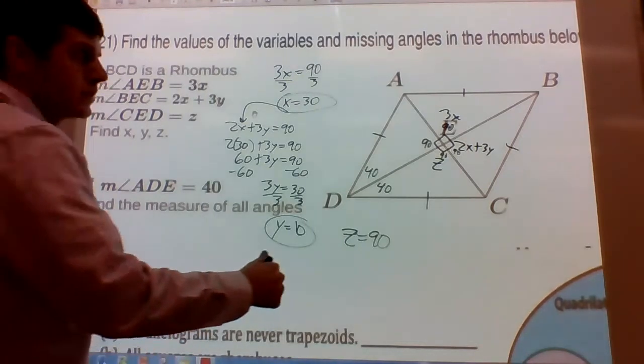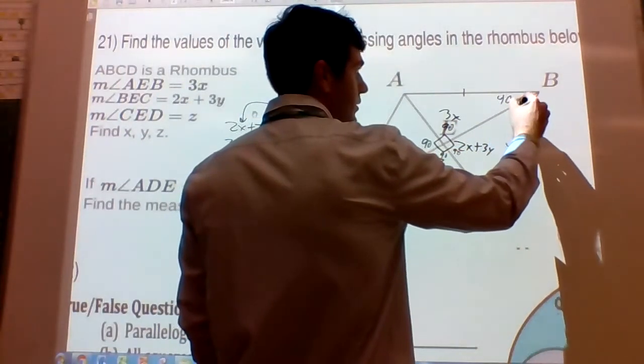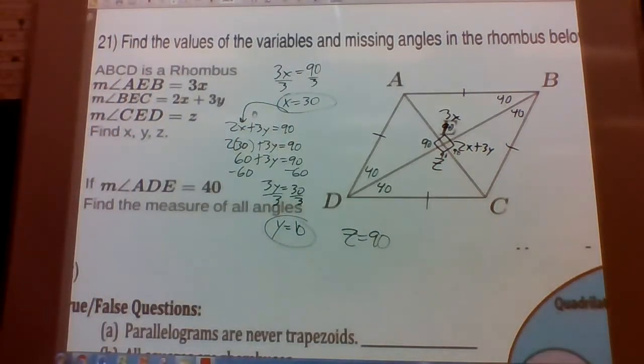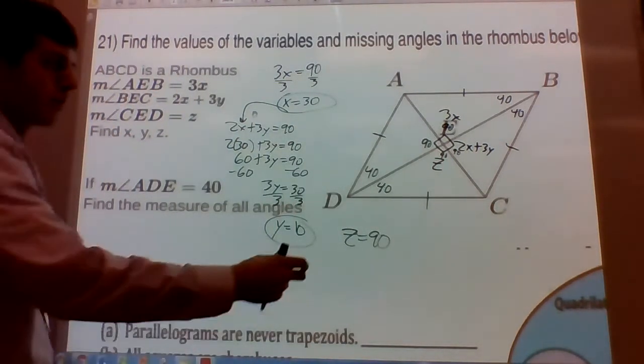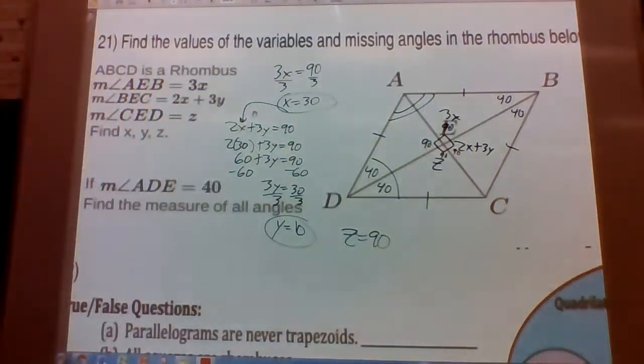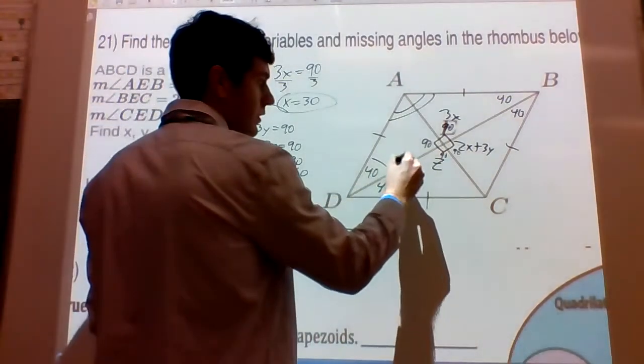And then we have alternate interior angles, so we know we're going to have 40 and 40. Okay. We know a rhombus is a parallelogram. So the consecutive angles are going to be supplementary. So if we have 40 and 40, we have 80.